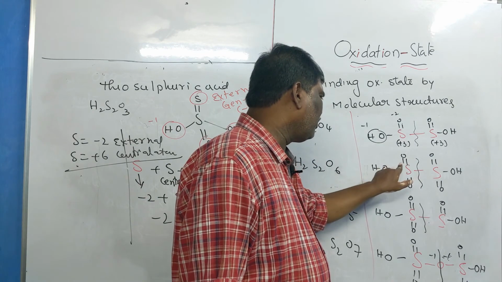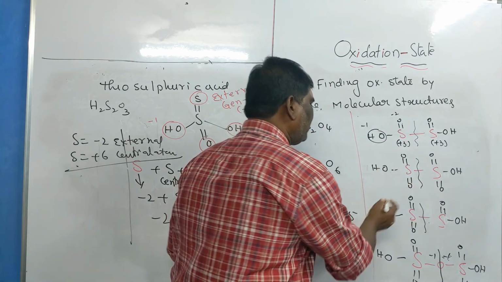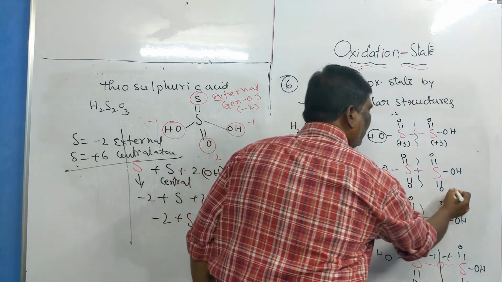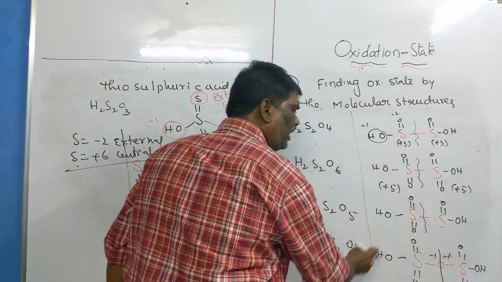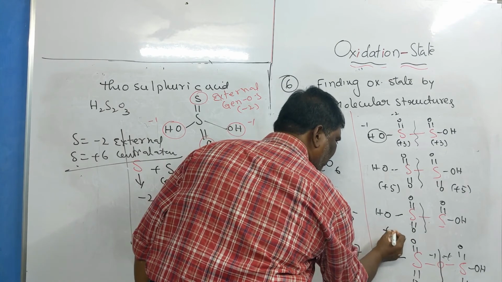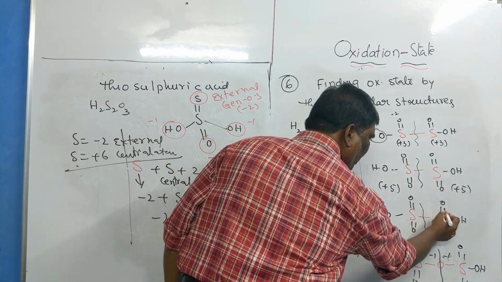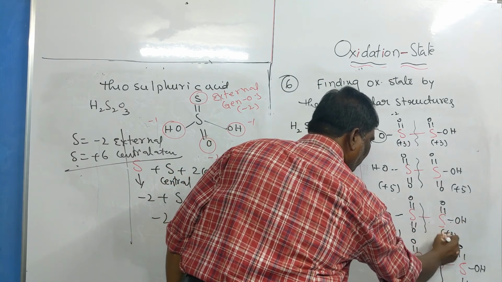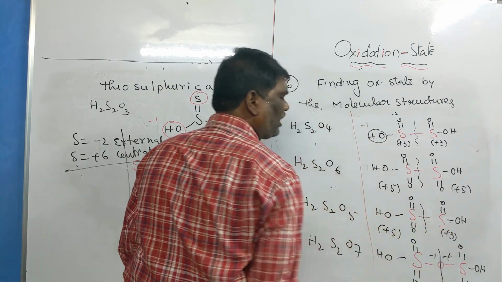Here 1, 2, 3, 4, 5. 5 is the oxidation state we are getting. Here 5 is the oxidation state. Whereas in this case 1, 2, 3, 4, 5 is the oxidation state. Whereas in this case 1, 2, 3, 3 is the oxidation state. Don't take this one into consideration.